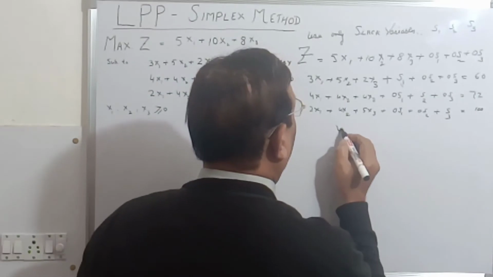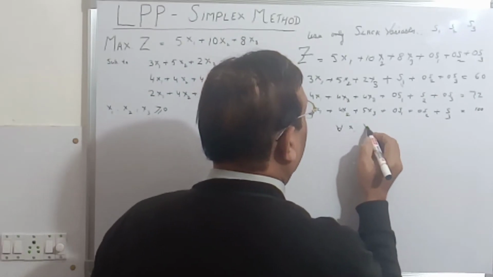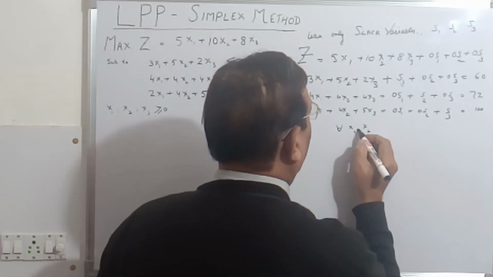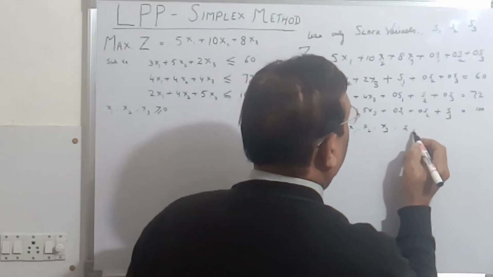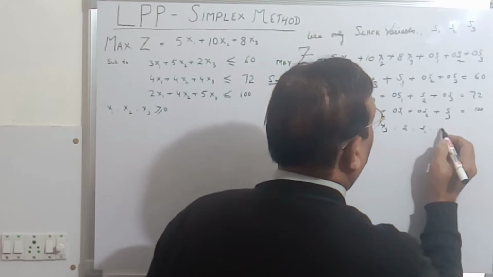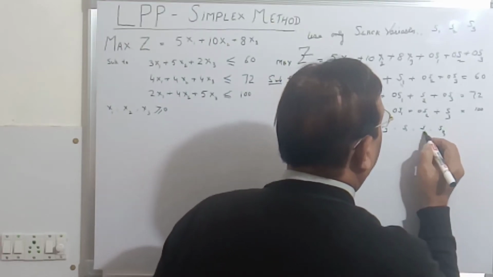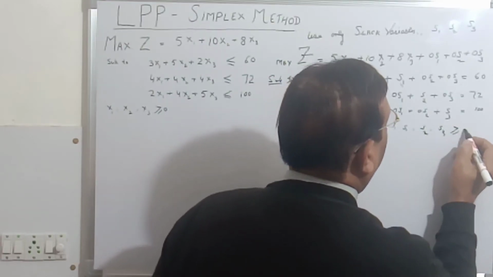And for all x1, x2, x3, S1, S2, S3 are greater than or equal to 0.